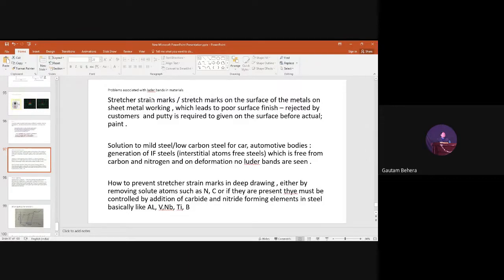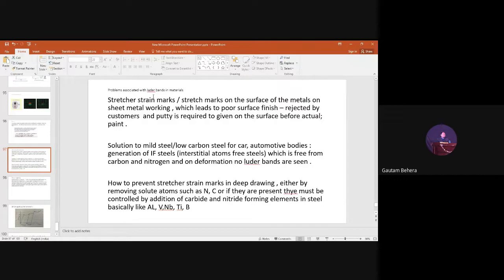As I told, we'll see stretcher strain marks or stretch marks on the surface of the material on doing sheet metal forming, which leads to poor surface finish. So this is the problem actually. We will have stretch marks on the surface of the material due to these Luders bands, and the surface finish will be poor, and the customer will not buy this kind of material, obviously, because of the poor surface finish.